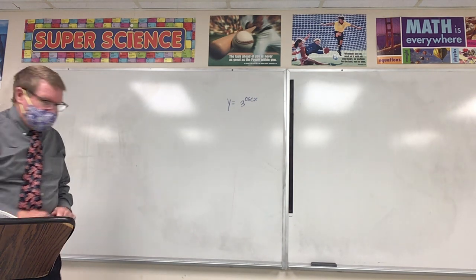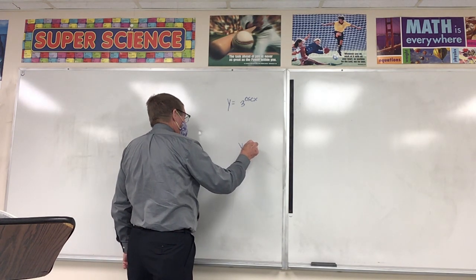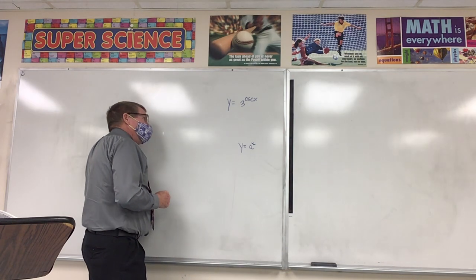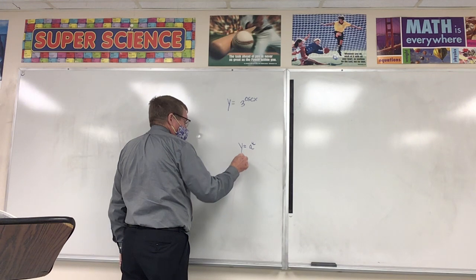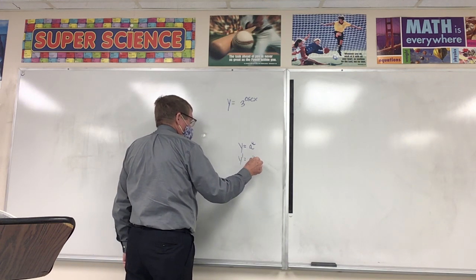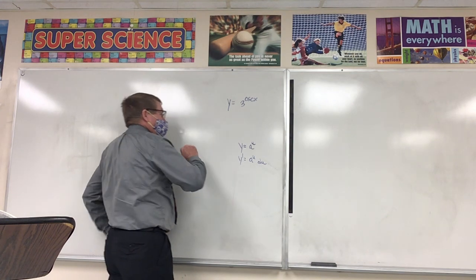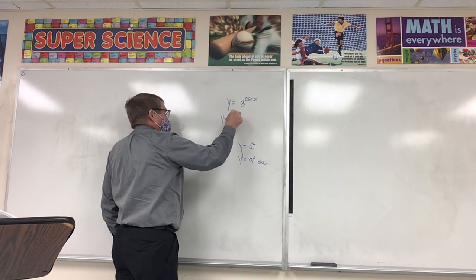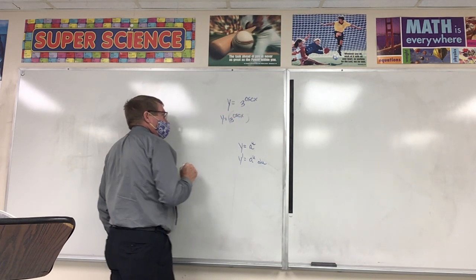So what is the derivative of y equals a to the u? A to the u times du. What's my a to the u here? 3 to the cosecant x, times the derivative of cosecant.